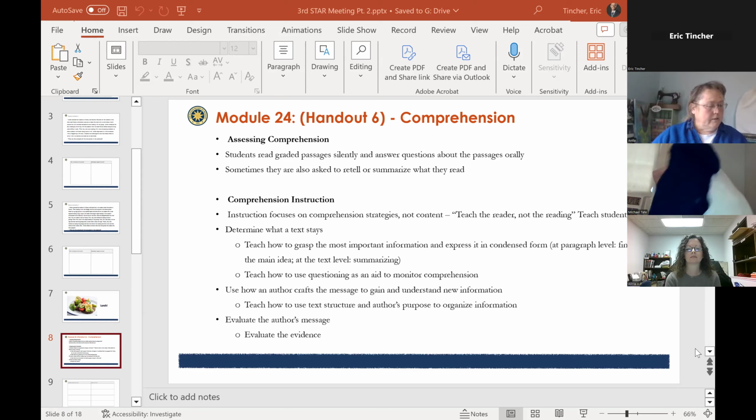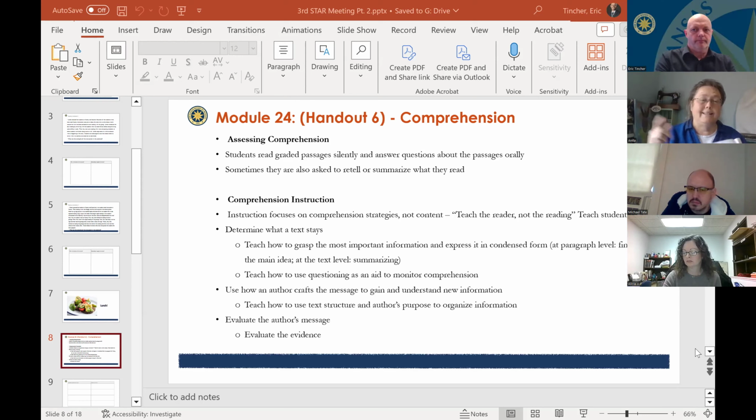I do that also. These are just some examples, but I always start off with getting the gist. The skill of identifying the main idea and the key details, which absolutely coalesces with CCRS standards, right? Identifying the main idea and key details.